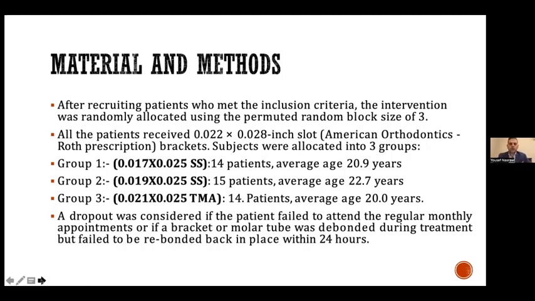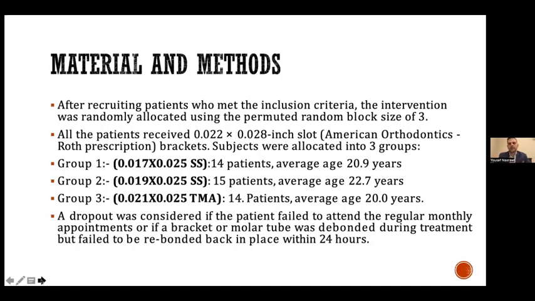A dropout was considered if the patient failed to attend the regular monthly appointment, or if the bracket or the molar tube was debonded during treatment but failed to be rebonded back in place within 24 hours. So, the 6s and 7s need to be included to align the curve of Spee.